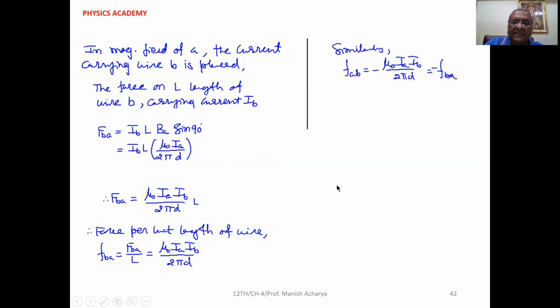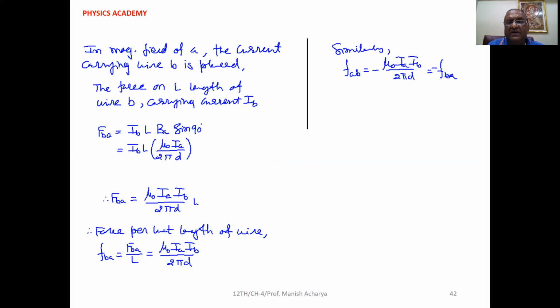Now here, if we consider the force on B by A, or if we consider force on A by B, no doubt magnitude wise both the forces will be same one, but direction wise it is opposite.